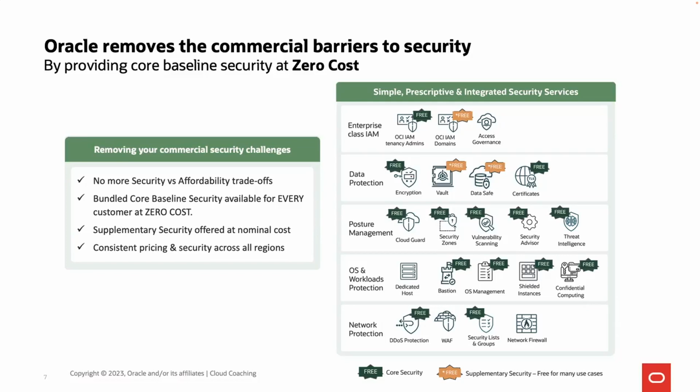It's always on and available for free. Security lists and groups are the means for virtual firewalls and virtual traffic routing for your networking, and are available for everything. Most of the resources, as you can see, are available for free.